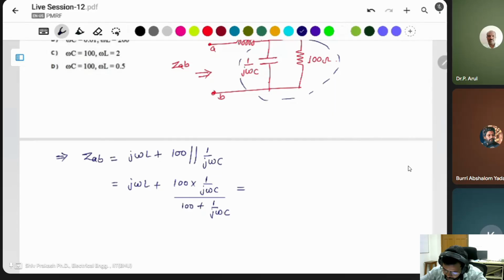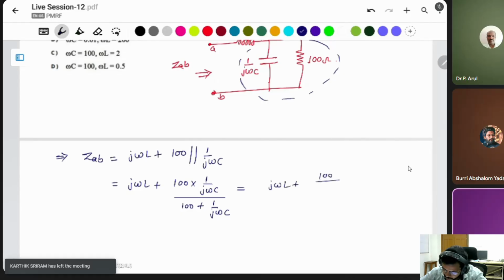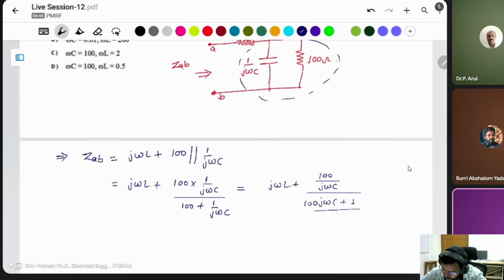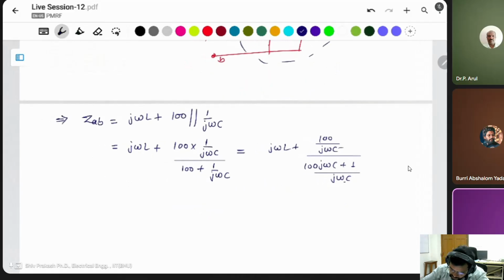You can take the LCM in the denominator as j omega C. That means this will be j omega L plus 100 divided by j omega C, divided by 100 j omega C plus 1 over the LCM j omega C. J omega C cancels out, and this will be j omega L plus 100 divided by 100 j omega C plus 1.